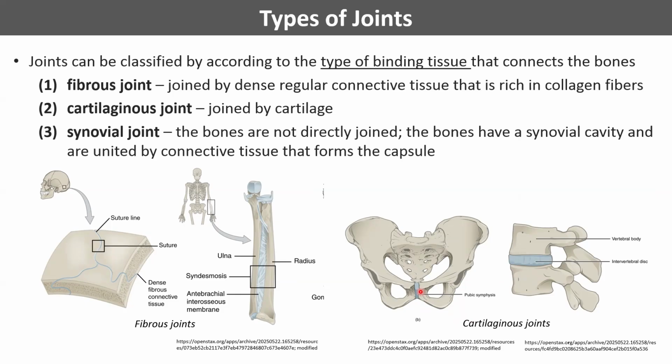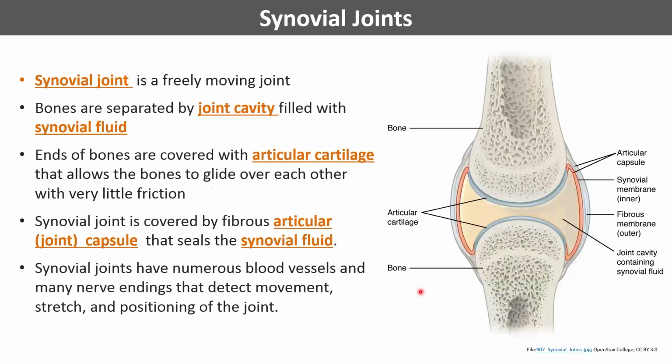And these joints are very different. They're also called freely moving joints, because the bones are not bound to each other. They are separated by a cavity, called the joint cavity, which is filled with fluid, synovial fluid, which lubricates the joint and facilitates the movement of the bones.